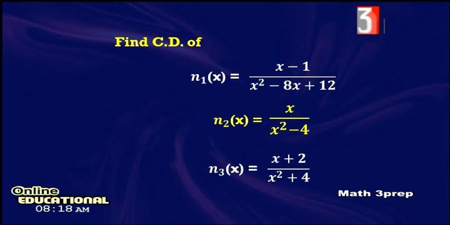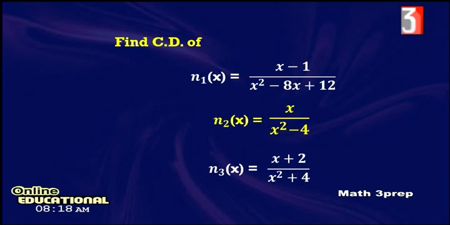At the very beginning, you are going to ask, can we find a common domain for 3 algebraic fractional functions? Of course, yes. How? By the same way, you are going to find the set of zeros for each denominator and find the domain of it. And finally, the common domain will be R except the set of zeros of N1, N2, and N3.